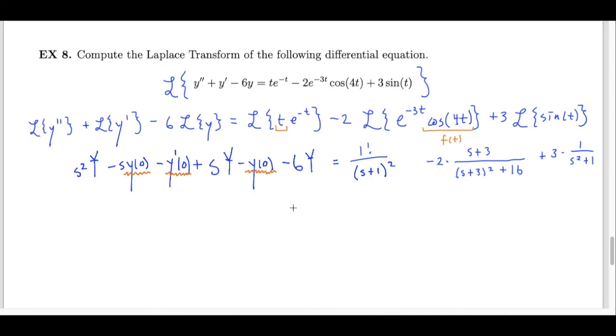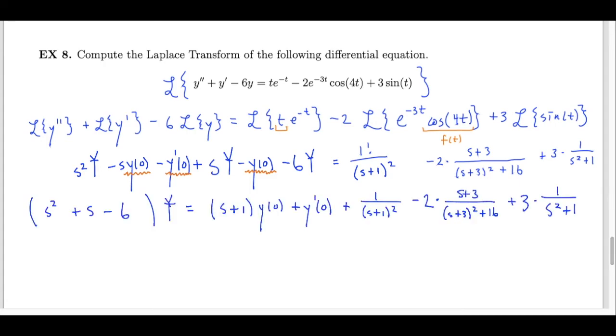Let me do some algebra. Let me move these terms with initial conditions over to the right-hand side, and then let me do a little factoring to clean up this capital Y. Here's what I get. So here I have kept the capital Y terms on the left and then factored the capital Y out. And then I moved these initial condition terms over here to the right.